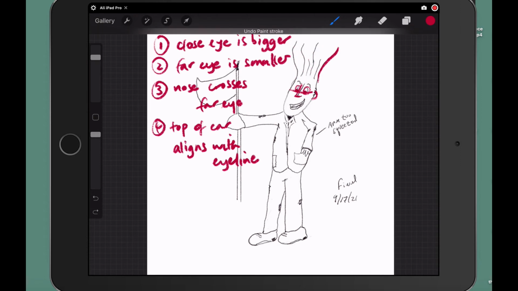So the closest hair is going to appear to be the longest. The further hair is going to appear to be shorter, even though in reality it's the same length. And then the ones in between are going to fall into the same pattern, okay? So we just want to get that consistent to make the perspective work for us, so that things that are closer are bigger and things that are further away are smaller.